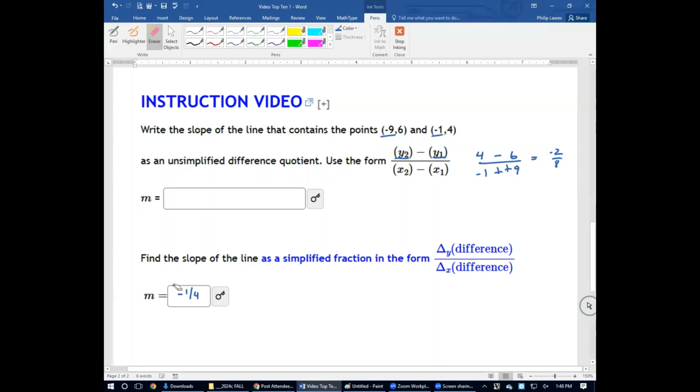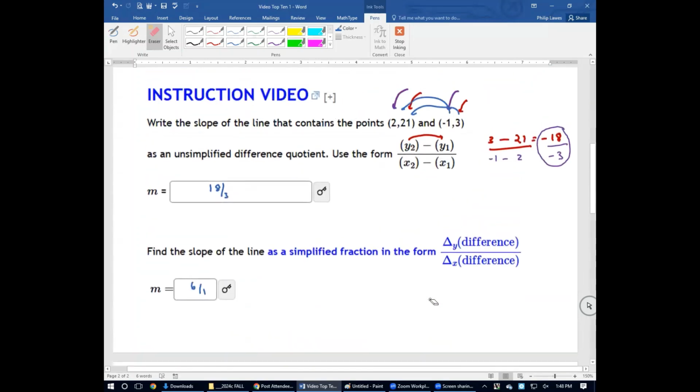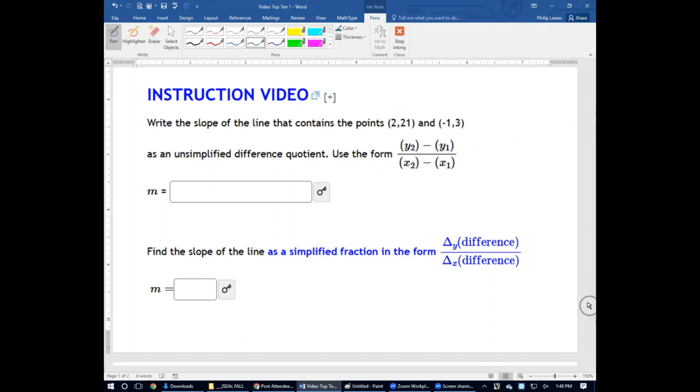And finally, the shift the line method. I'm just going to shift the line so my first point is 0, 0. So if I add negative 2 and negative 21, that makes my first point be 0, 0.